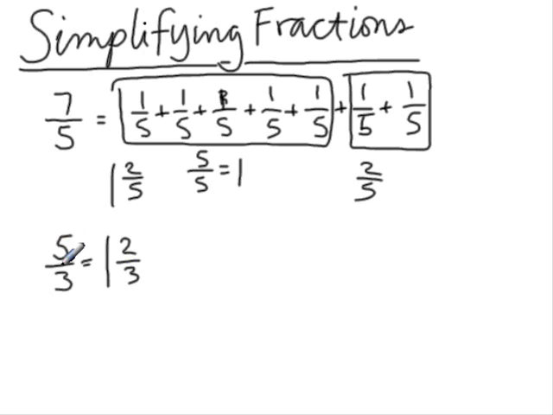We have 3/3, which is the 1, and 2/3 left over. 5 is the same thing as 3 plus 2. So what we have here is 3/3 and 2/3. 5/3 is 3/3 and 2/3. And we can show that simply by dividing the 3 into the 5, getting 1, and then we have 2 left over.